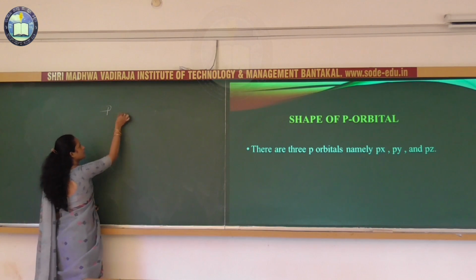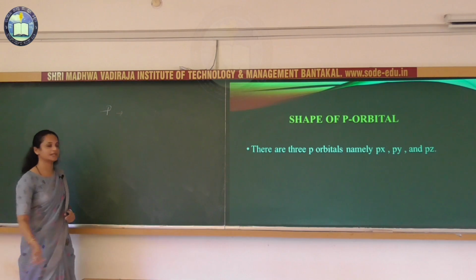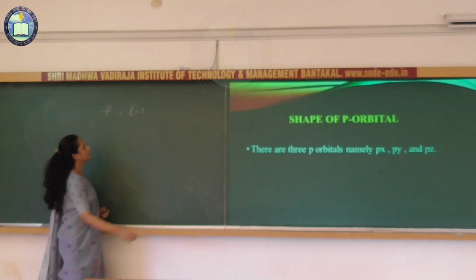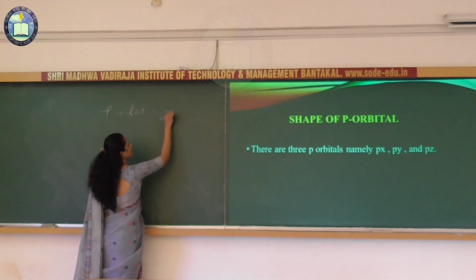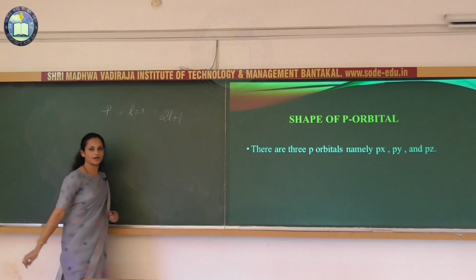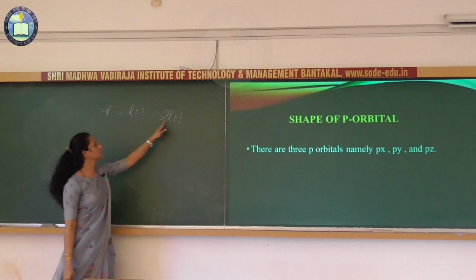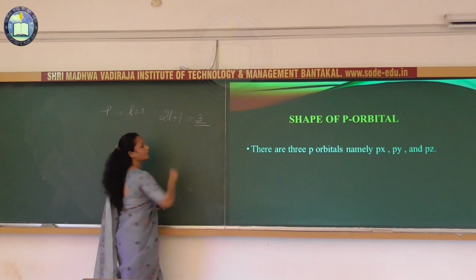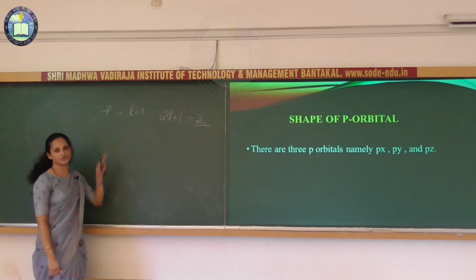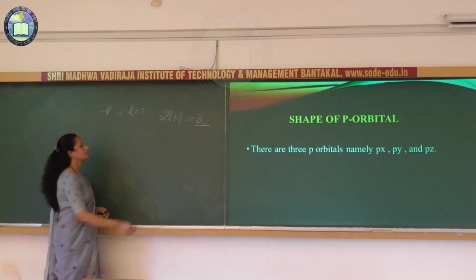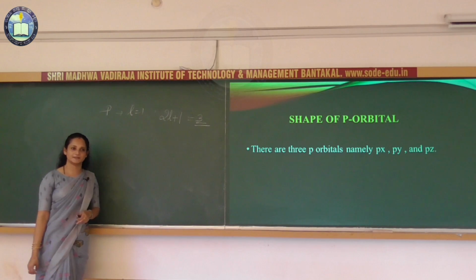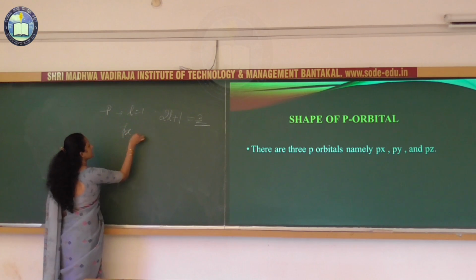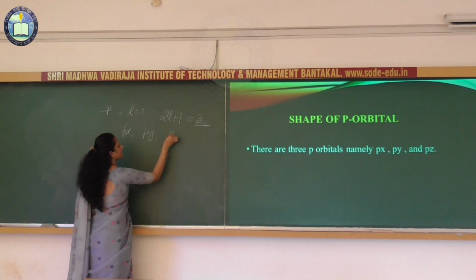How can we calculate that? p subshell means l is equal to 1, right? The number of orbitals can be calculated using the 2l plus 1 formula. 2 into 1, 2 plus 1, 3. So 3 orbitals are allowed for this p subshell. What are the 3 p orbitals? Px, Py, Pz.